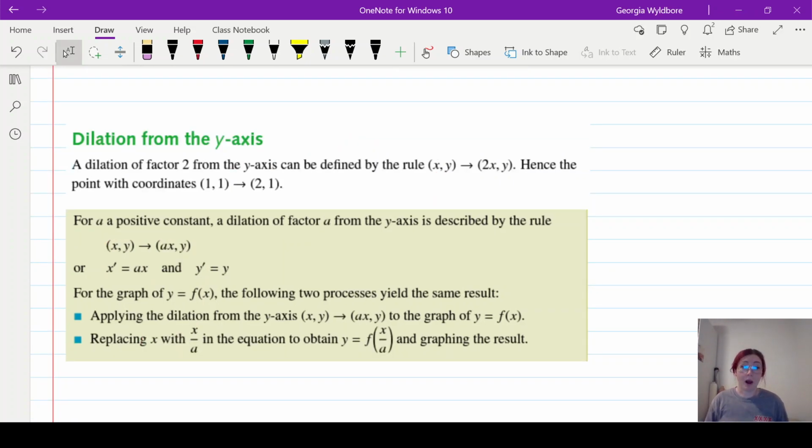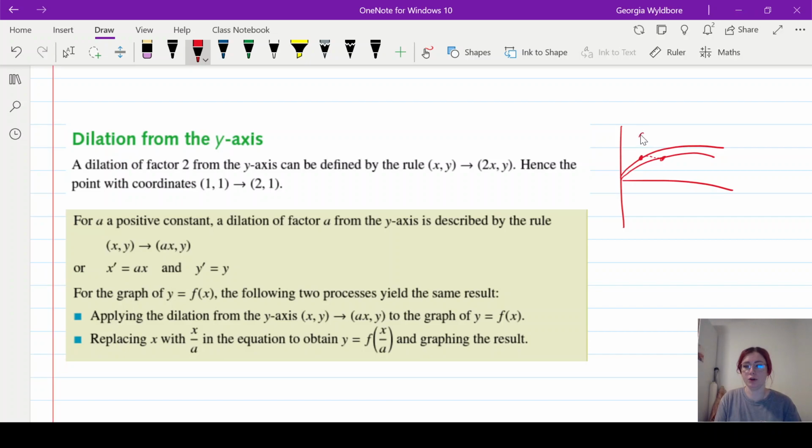When we're working with the y-axis, so dilating from the y-axis, again, if we were to sketch out y equals root x, you'd have that. Now your point, if we were at, say, 1, 2, your new point, you would be looking at the sketch that maps it across.